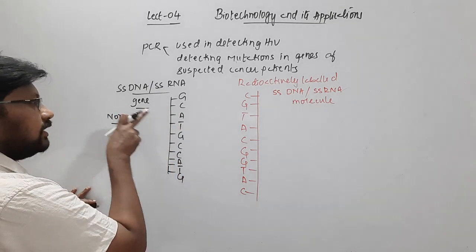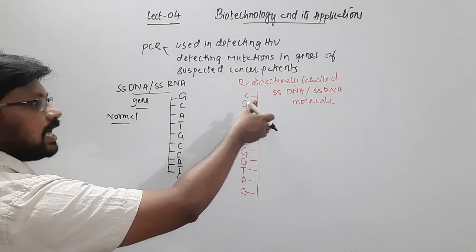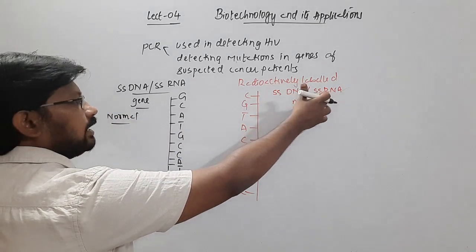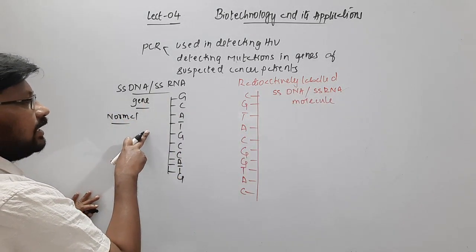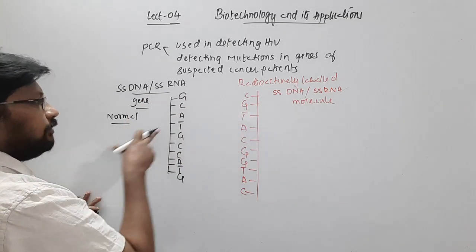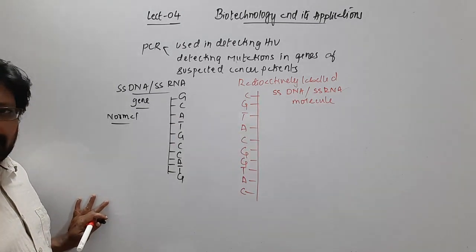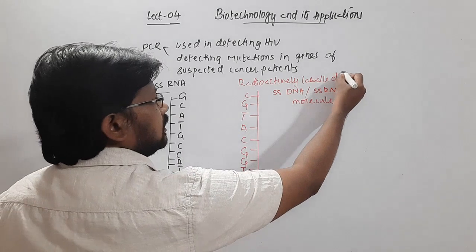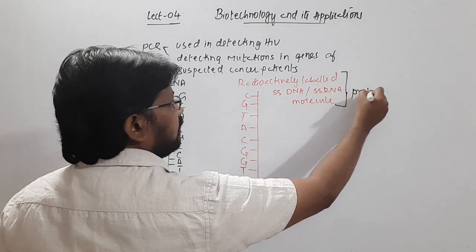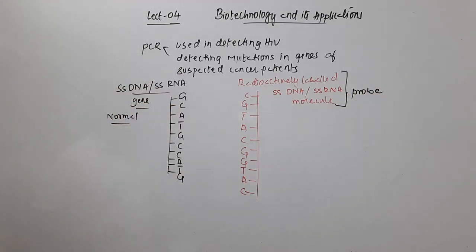Then this complementary strand, single stranded DNA or RNA, if you take single stranded DNA then it has to be radioactively labeled single stranded DNA, and if RNA then radioactively labeled single stranded RNA. So this is the probe. The radioactively labeled DNA or RNA molecule is the probe, right?